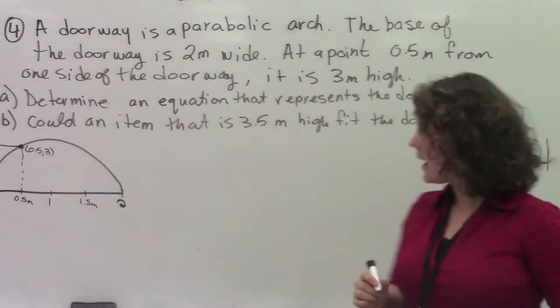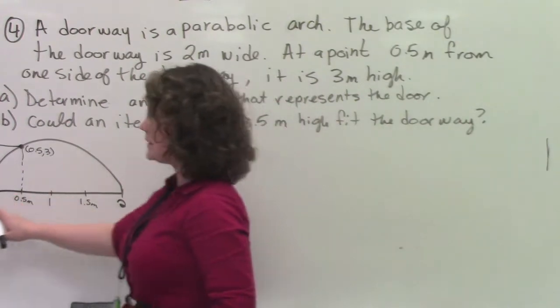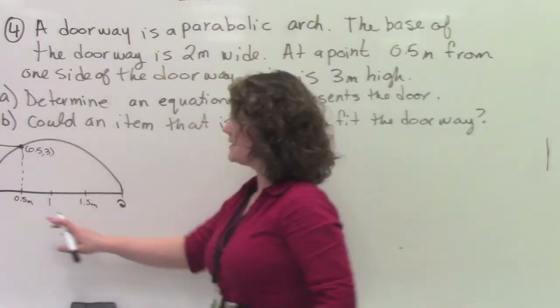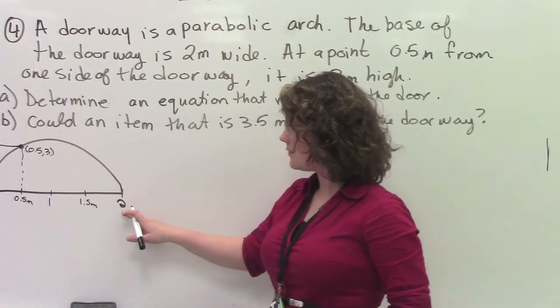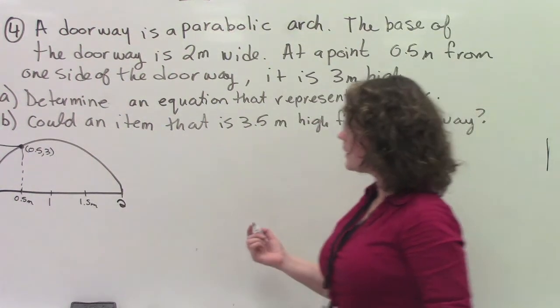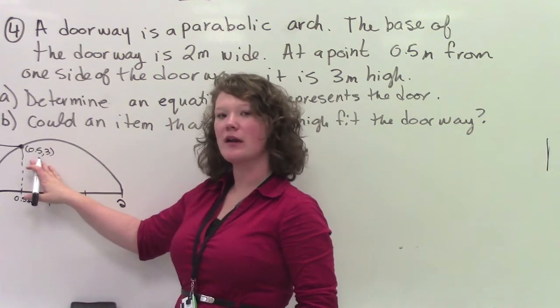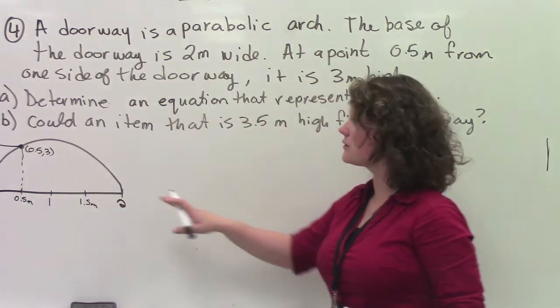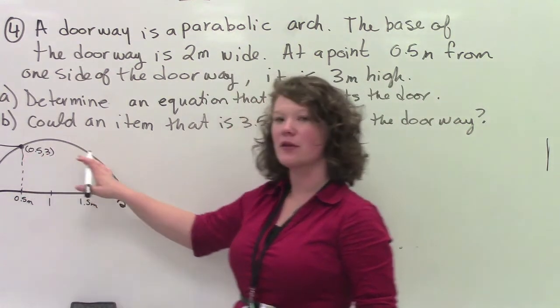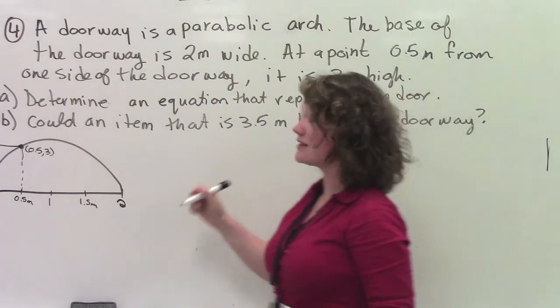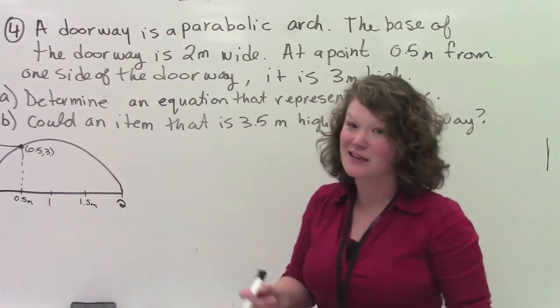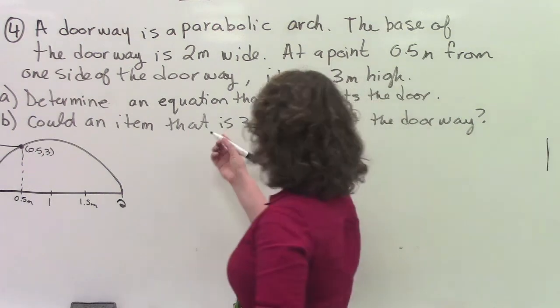Now, we have the two zeros, right? 0 and 2. So we can write up an equation, and we would use this point right here, the (0.5, 3), to substitute and solve for our a, just like we did in our last question, just this has a context, that's all.